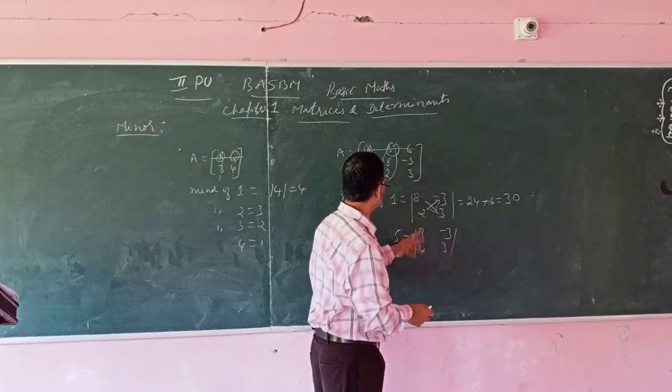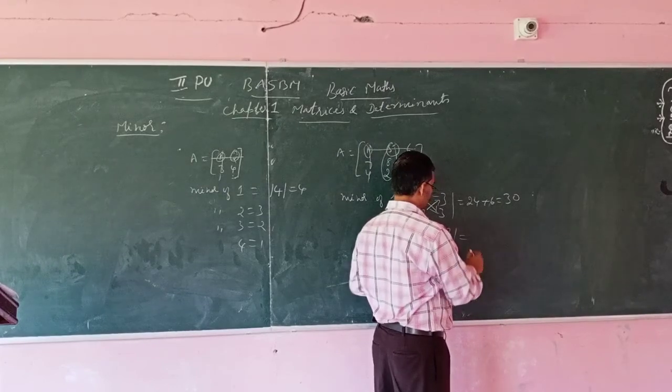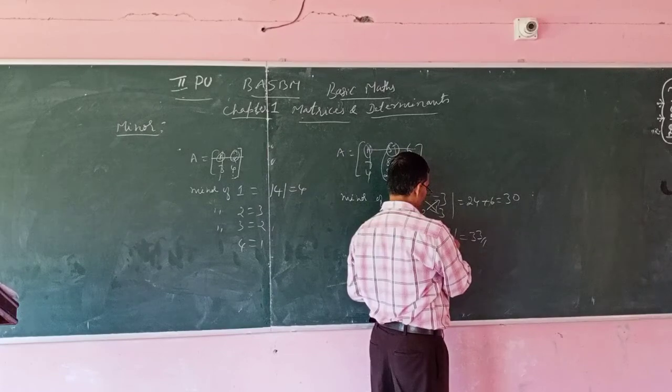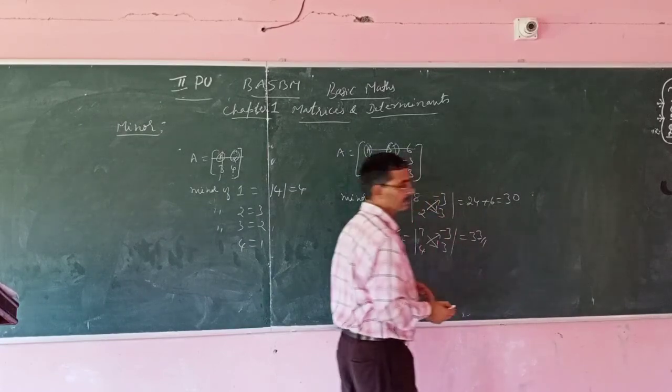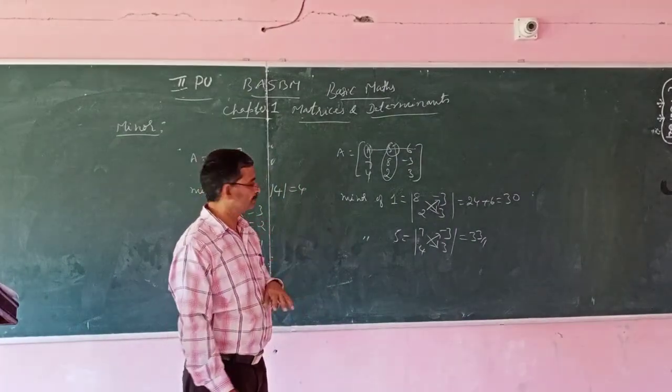Calculate again. This is 21 plus 12, so 33. So 21 minus minus 12, so it will be plus. So it is 33. So this is how minor is calculated.